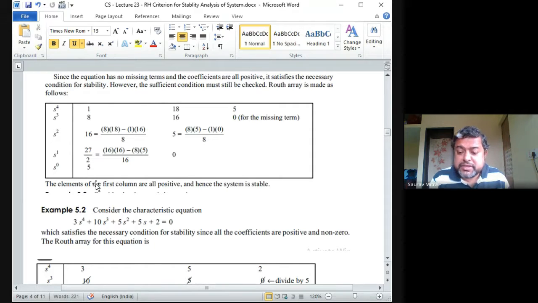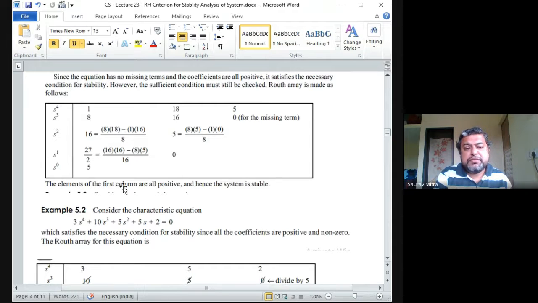This is the crux line, write it down. As there is no sign change in the first column, there are no poles in the right hand side of the S plane. That means there are four roots, and all four roots are in the left hand side of the S plane, and hence the whole system is stable. This is what is written in the conclusion part.